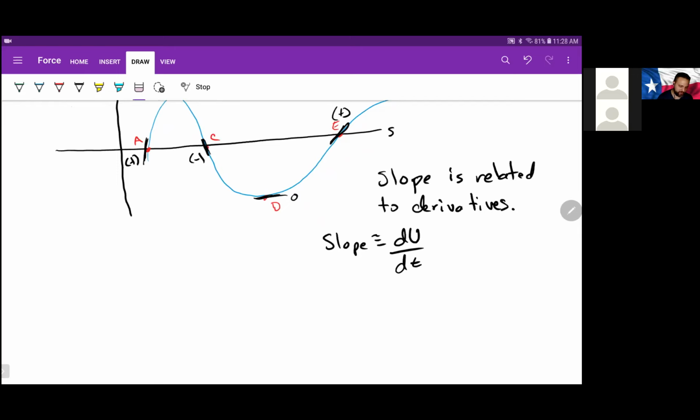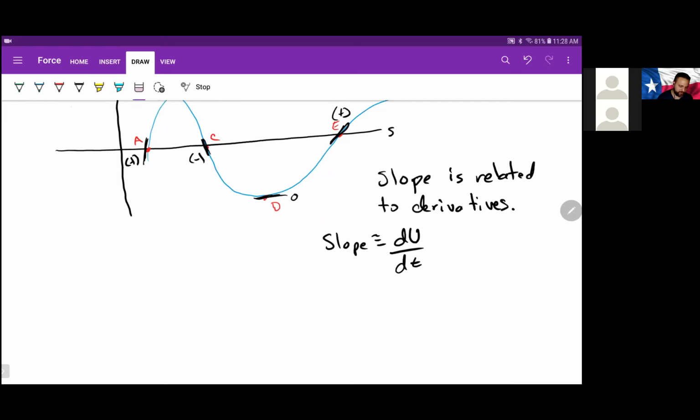So all of those functions that I found earlier in energy are going to give me force. So F is the negative dU ds.